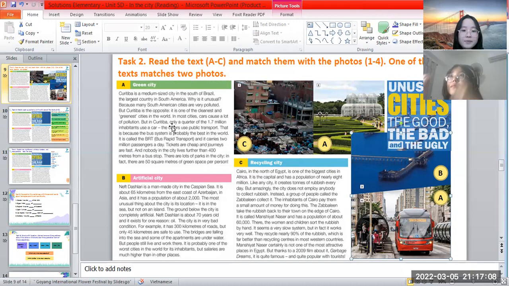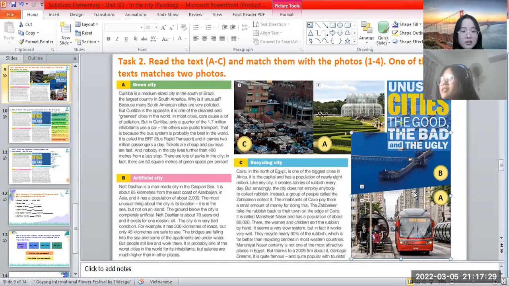So this passage also talks about the transport. Okay, but the last picture also contains the transport, like the bus and the bus stop.